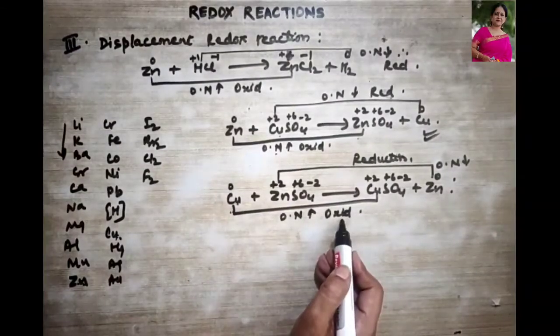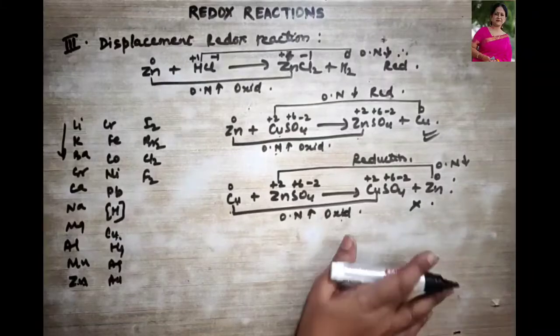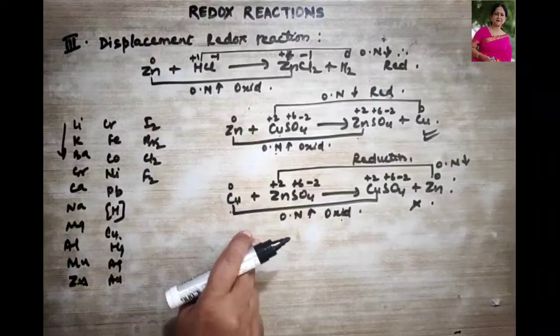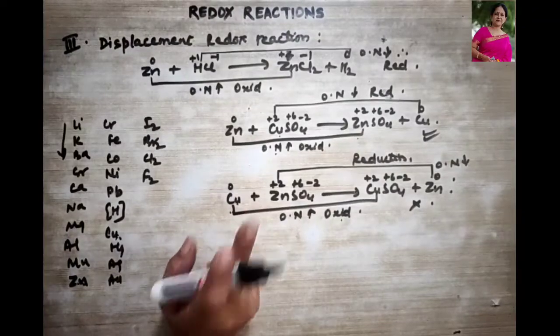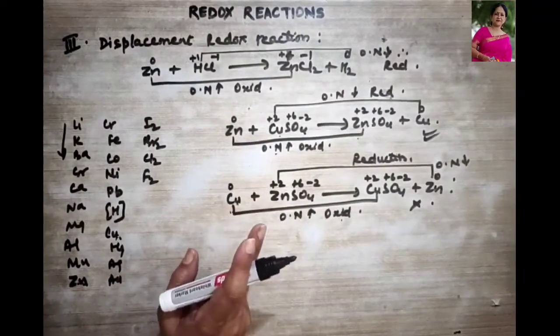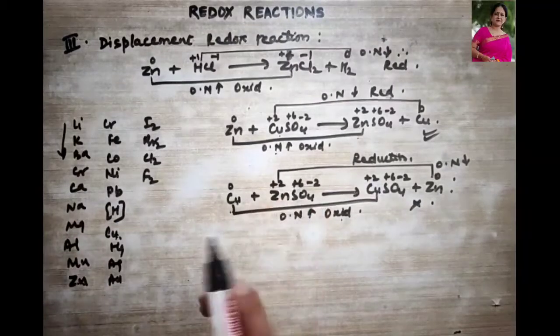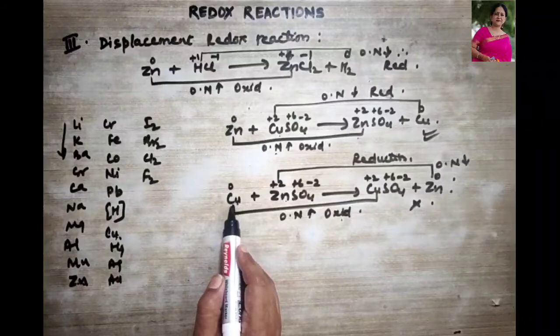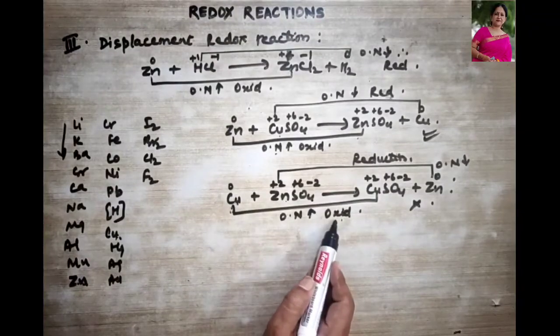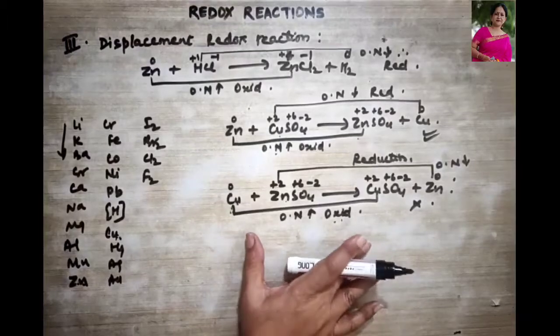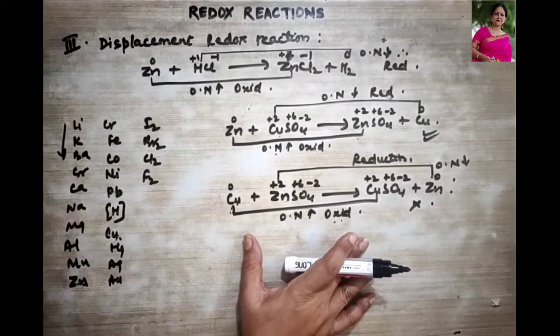The copper is getting oxidized. Therefore this reaction is not possible. Why is this reaction not possible? As I said, the lower the element in the electrode series, the more easily it gets reduced. Copper is lower. It should get reduced, but it is showing oxidation. So this reaction is not possible. I hope this is very clear to you.